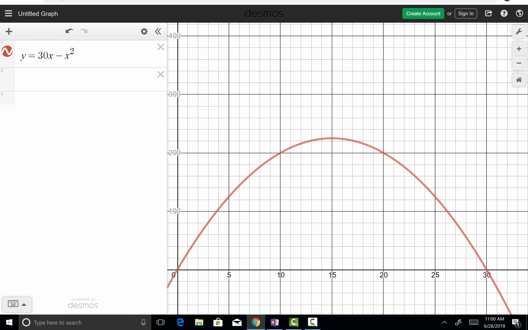So there is my parabola that describes this area, and that's what we would anticipate, right? Because it's an x squared, and we talked about last week how an even power of x gives us those U shapes or upside-down U shapes. So to find that maximum, I'm going to tap on that, and I get 15 and 225.